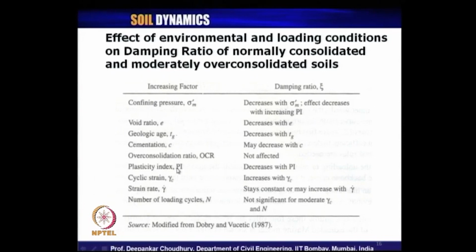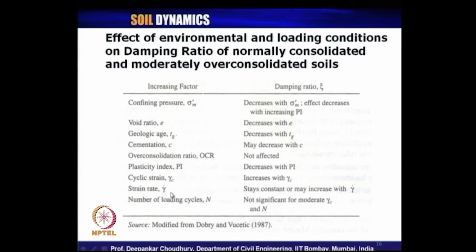If plasticity index increases, damping ratio decreases, that we have seen just now in the plot also. What is the effect of cyclic strain? With increase in cyclic strain, damping ratio also increases. We have seen the pattern of the curve. And with strain rate, the rate at which the cyclic shear strain is applied, the damping ratio remains constant, or a very insignificant amount of increase can occur with the increase in the cyclic shear strain rate.